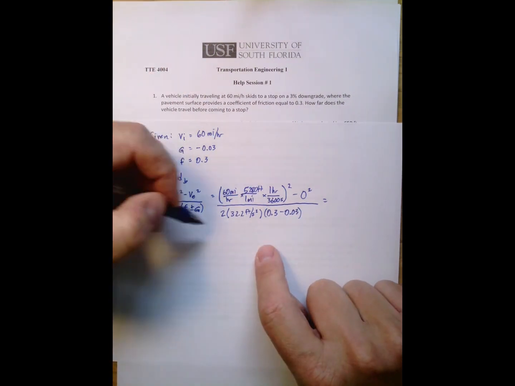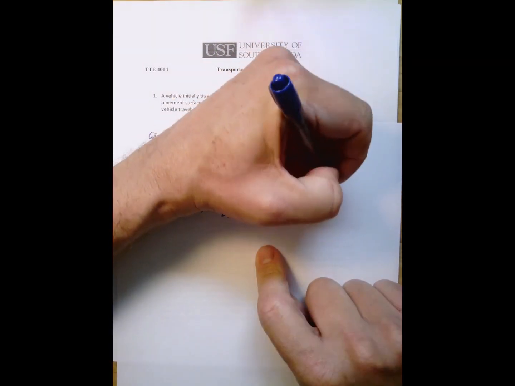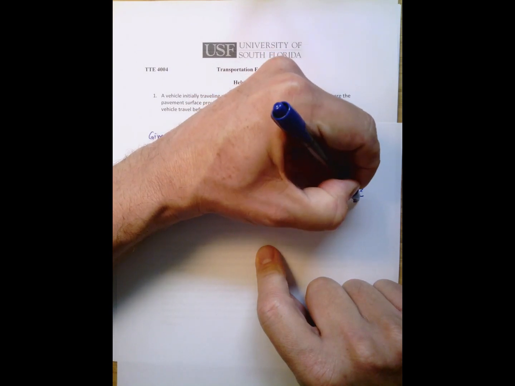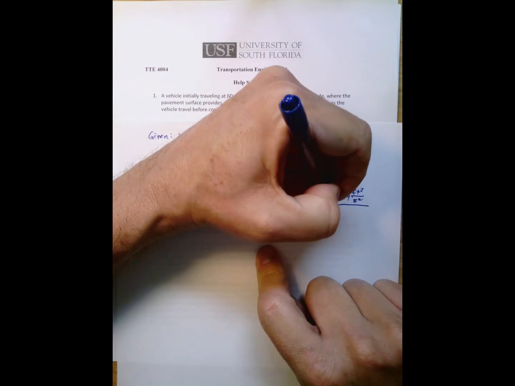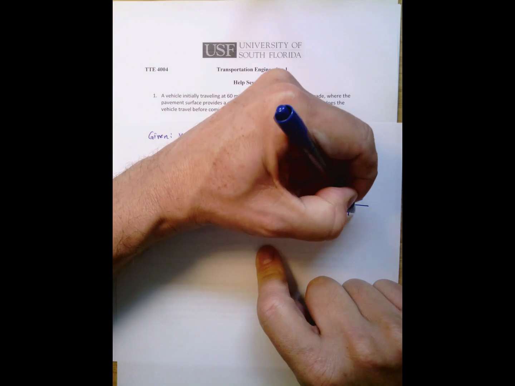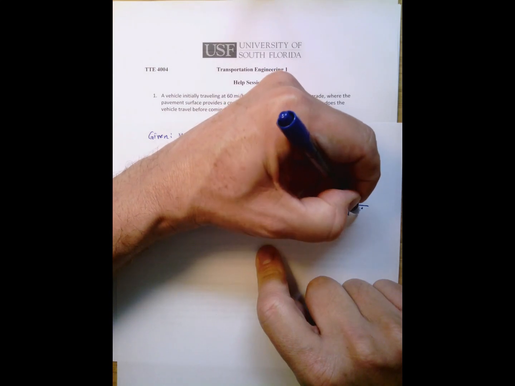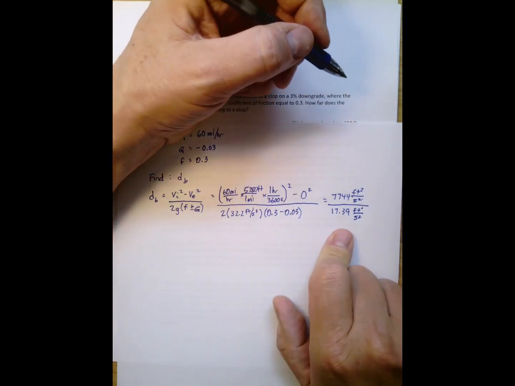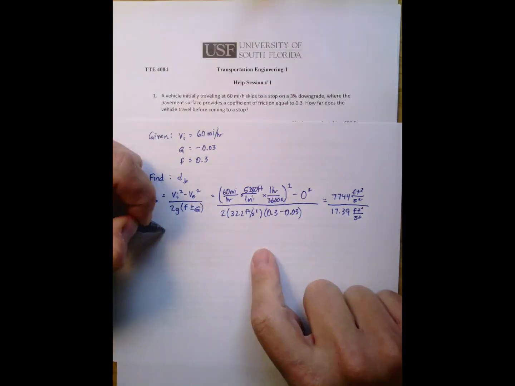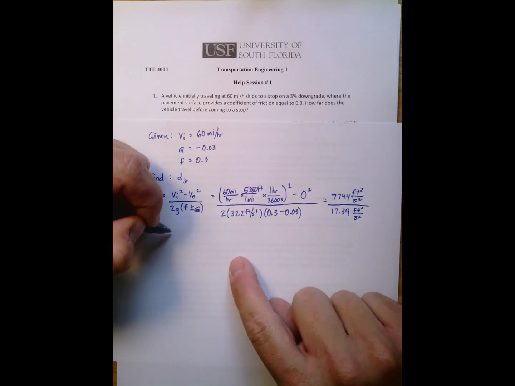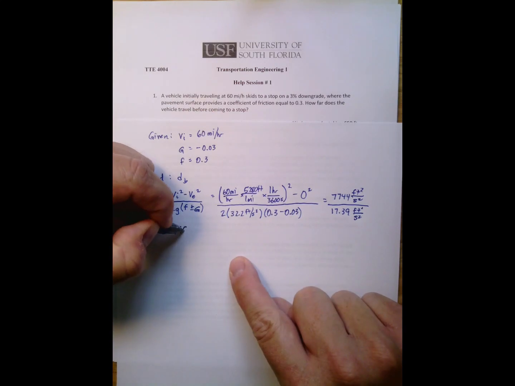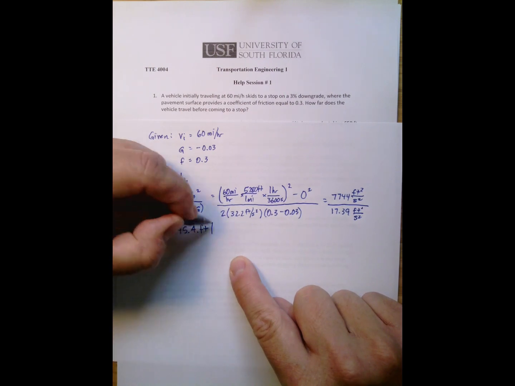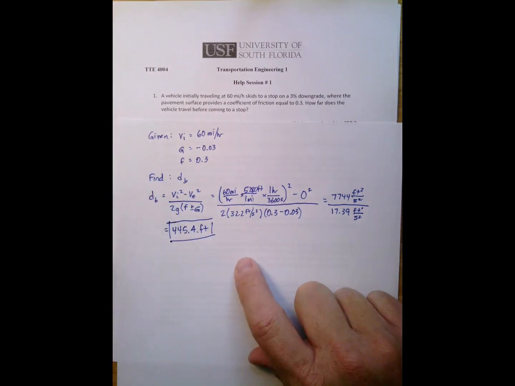So if we multiply the numerator and the denominator through, the units are feet squared per second squared in the numerator, and in the denominator, the units are feet per second squared. If we perform that calculation, we should receive about 445.4 feet. So this is the solution to problem number 1.